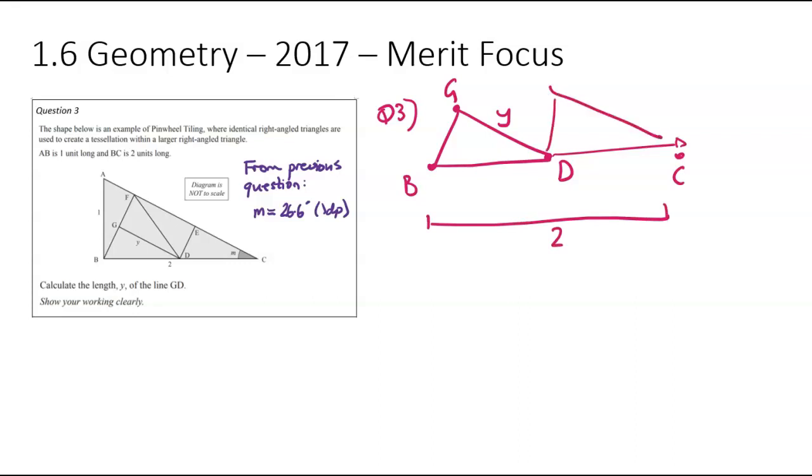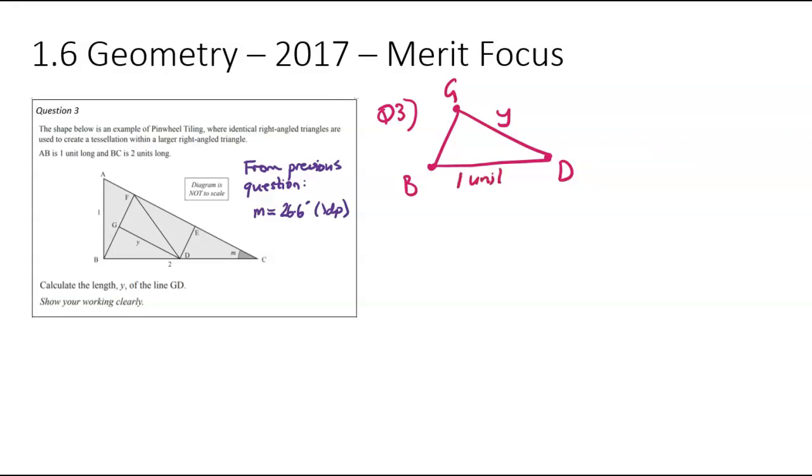As the triangle over here is identical to the triangle over here, we know that BD is going to be half of that 2, so it'll be 1 unit long. So BD will be 1 unit long. We also know this angle here, from the previous triangle, angle M is over here, which means that there will also be angle M. And we were told from the previous question that it was 26.6 degrees.